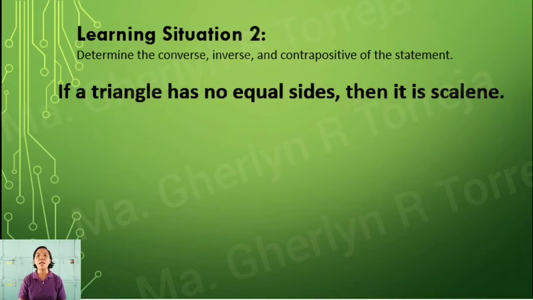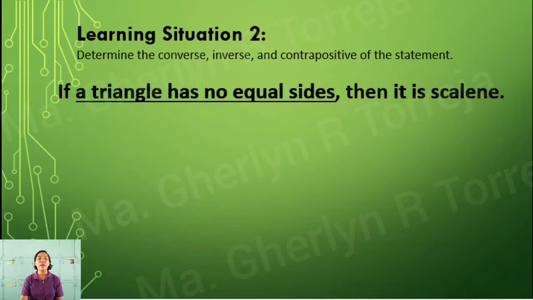Katulad nung kanina, before we can write the converse, inverse, and contrapositive, we should first identify the hypothesis and the conclusion. Naalala ba yung kanina? When we say hypothesis, it is the clause after the word if. And when we say conclusion, this is the clause after the word then.